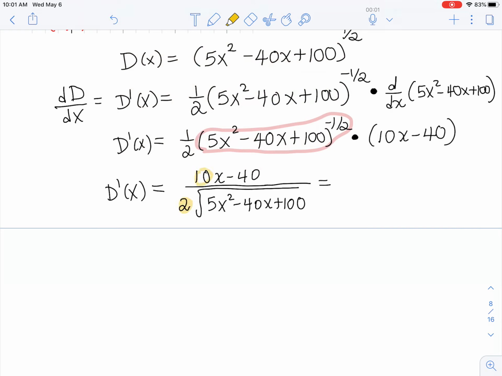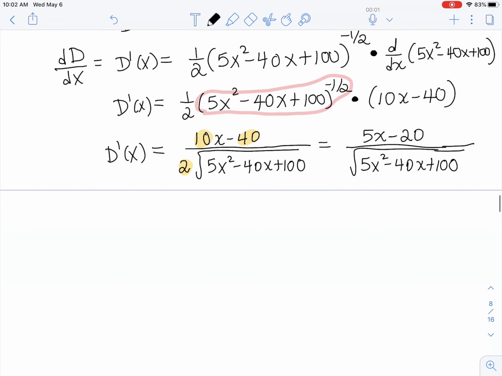I can simplify this 2. I can divide these numbers by 2 and write my derivative as 5x minus 20 divided by square root of 5x squared minus 40x plus 100.